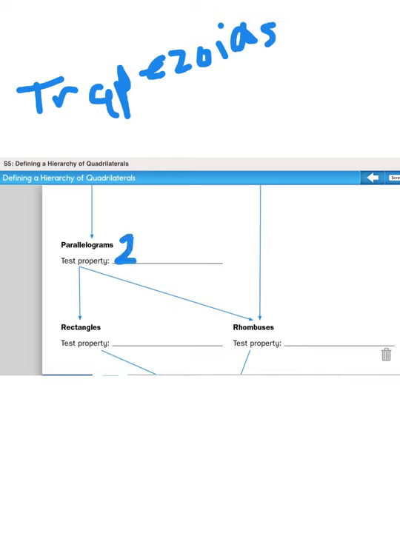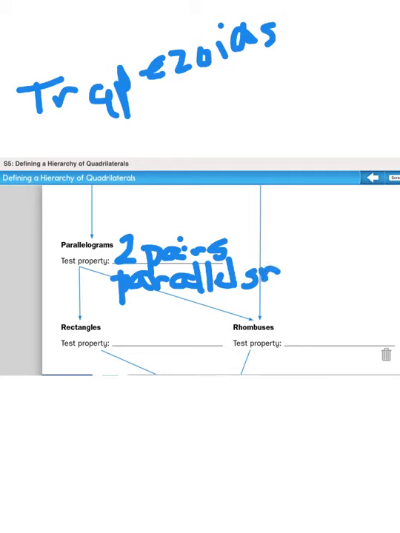Parallelograms have to have two pairs of parallel sides. So an example of that would have been quadrilateral G.